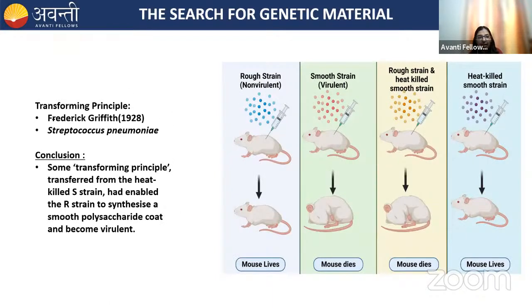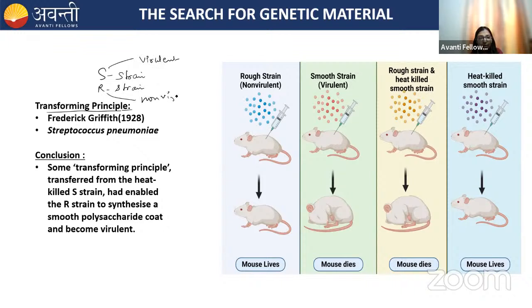Moving next is the transforming principle, or the transformation. The transformation experiment was performed by Frederick Griffith in 1928. He worked on Streptococcus pneumoniae, a bacteria that causes a disease known as pneumonia. He took two strains, the S strain and the R strain. The S strain is virulent in nature, and the R strain is non-virulent.